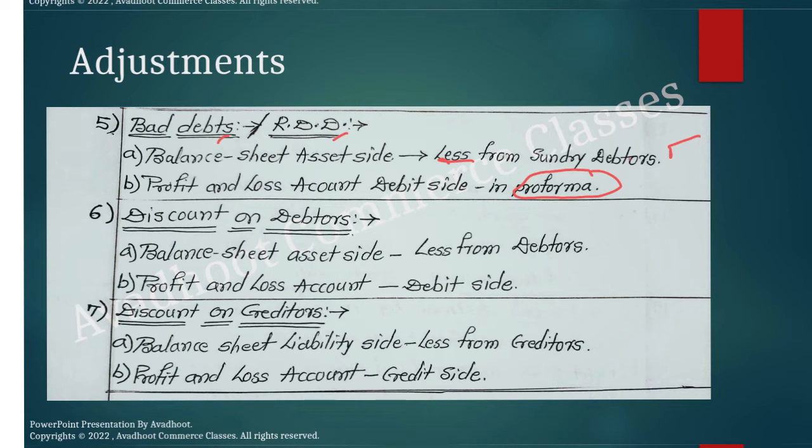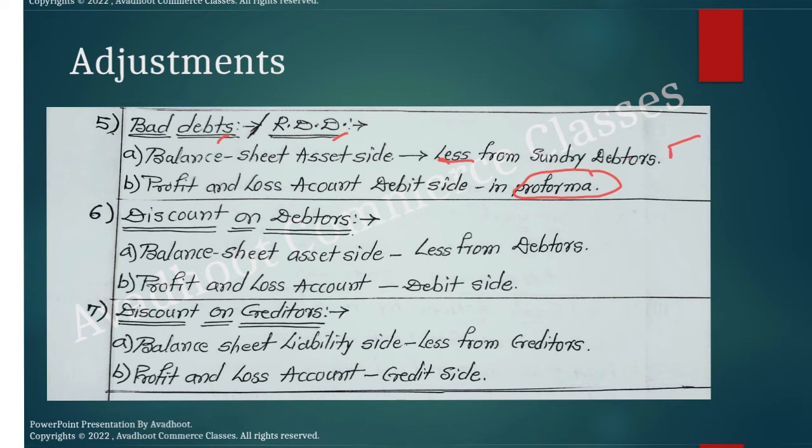See, I will give it again: balance sheet, asset side, sundry debtors. The other adjustments, whatever is there, that is unrecorded sales, that we have to record, means I have to add in debtors. Or if a bill receivable is dishonored, then our debtors are again going to be increased, then it is to be added in the debtors. Any other adjustment that is there is to be done first.